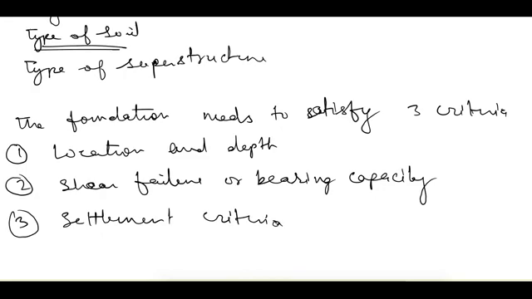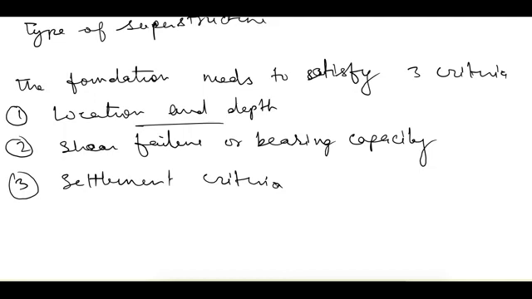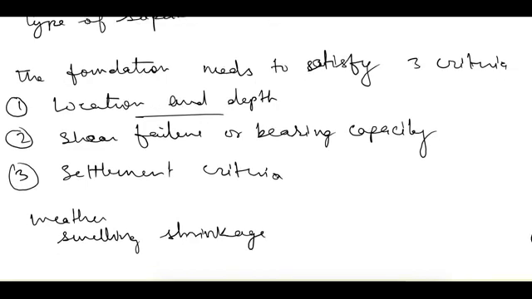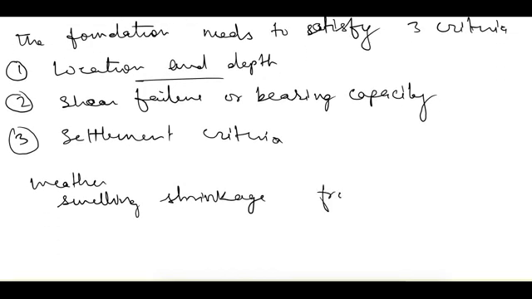So location and depth means that it should be located appropriately, so it is not affected by the weather or by the swelling shrinkage property of the soil, or if some frost heaving is there, it should not be affected by that.